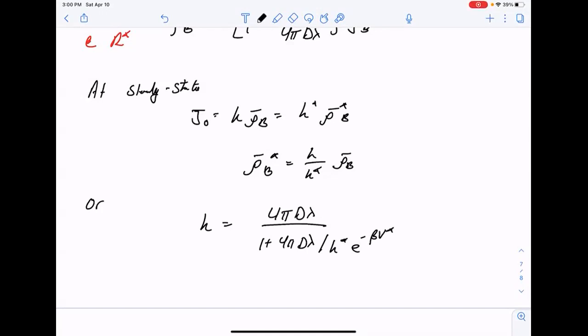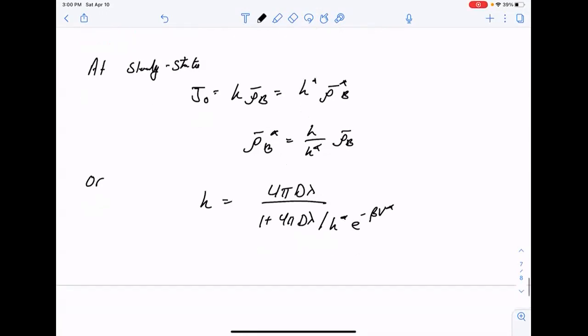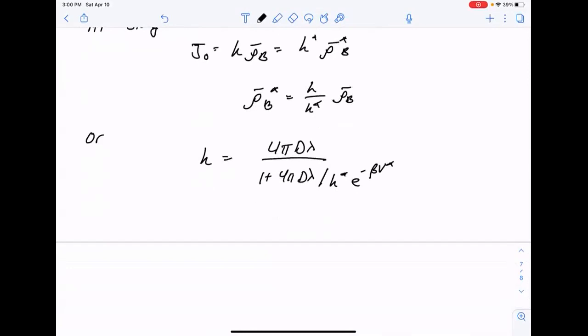So we have a description of the macroscopic bimolecular reaction rate, which depends on the diffusion constant.